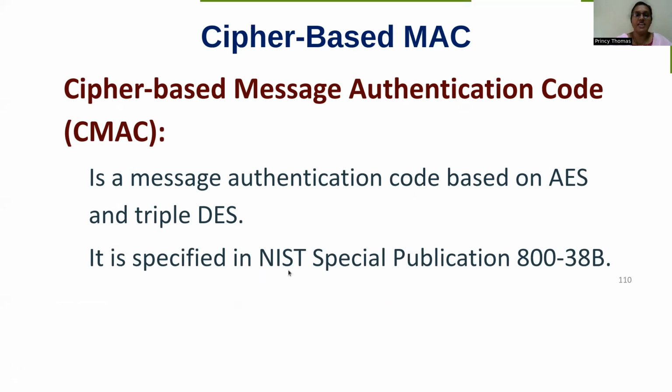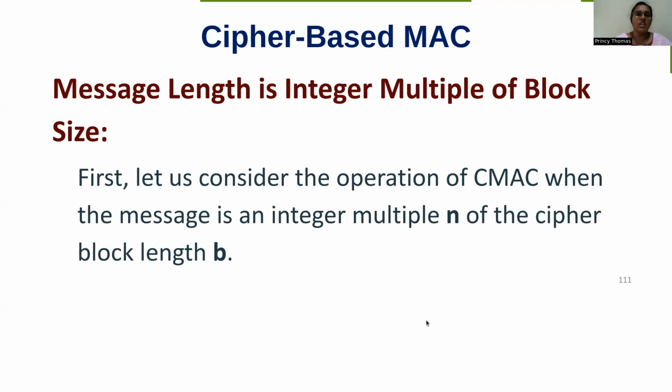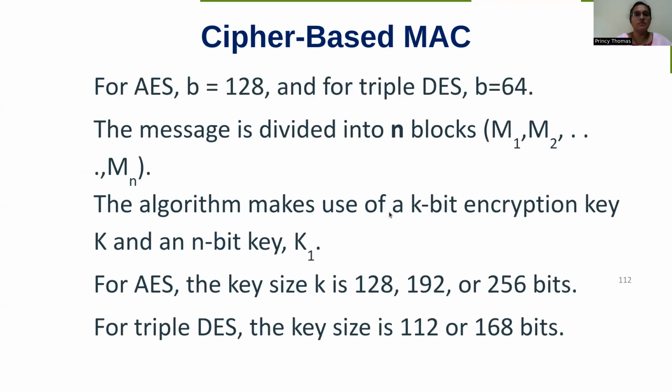It is specified in NIST Special Publication 800-38B. Now, first let us consider the operation of CMAC when the message length is an integer multiple of the block size. The cipher block length is b, and the message is an integer multiple n of that. So that's what we're going to consider first.